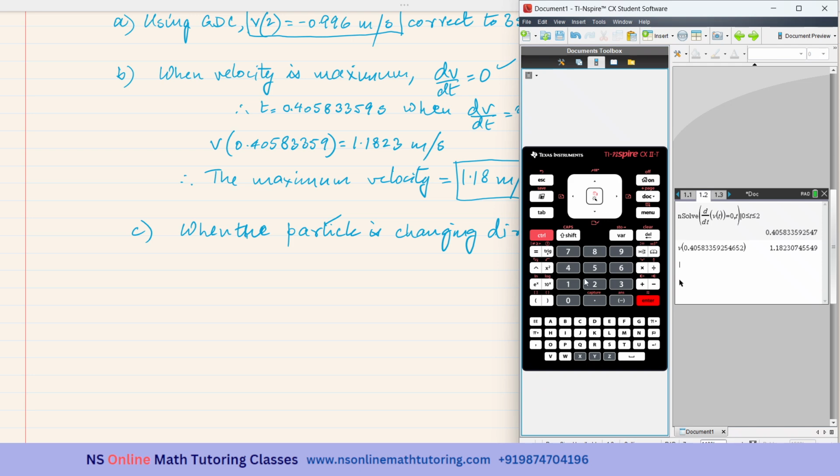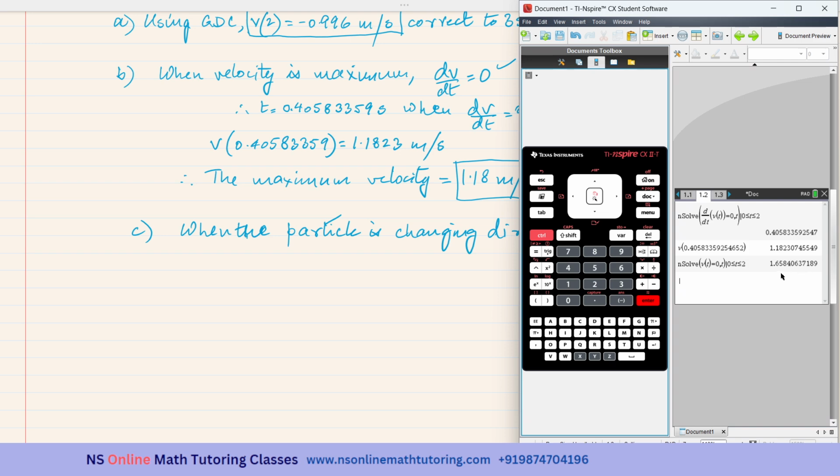And v of t, so again nsolve: menu, number 3 algebra, and number 1 nsolve. It is v of t, variable v and t, is equal to 0, comma, I have to declare the variable, and again I can give the interval, it is 0, t, 2, and enter.